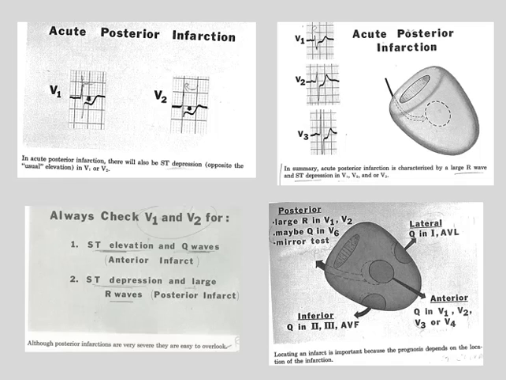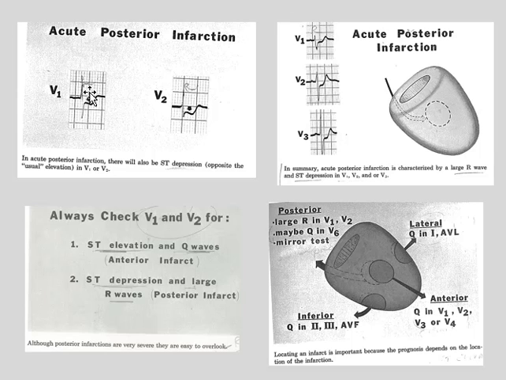Finally, we come to posterior infarction. And we'll start here with the bottom left. Remember that ST elevation and Q waves in V1 and V2 represent an anterior infarct. I think that should be pretty clear in your minds. But the opposite of that, ST depression and large R waves in leads V1 and V2, as here, represent posterior infarction, acute posterior infarction.